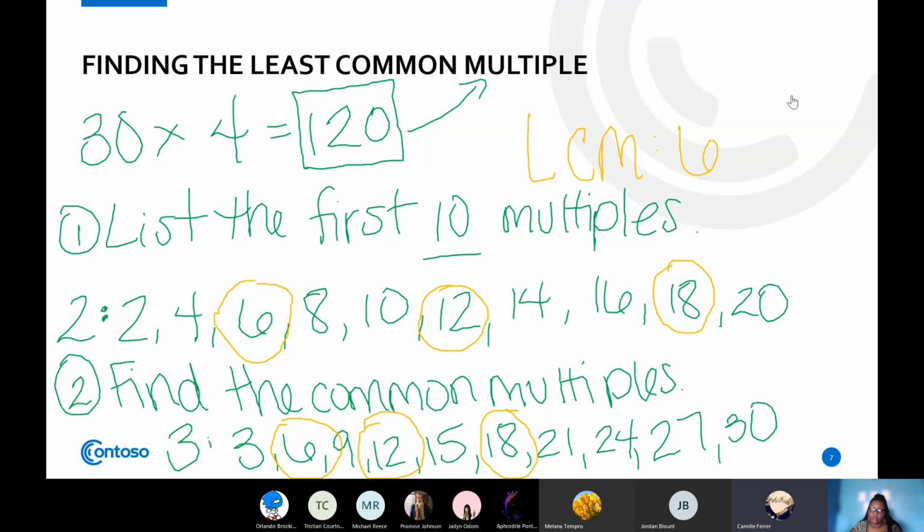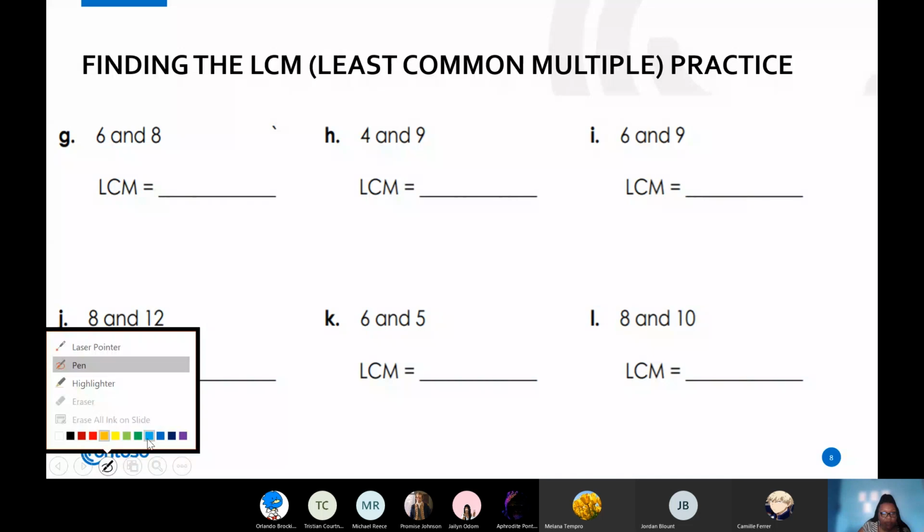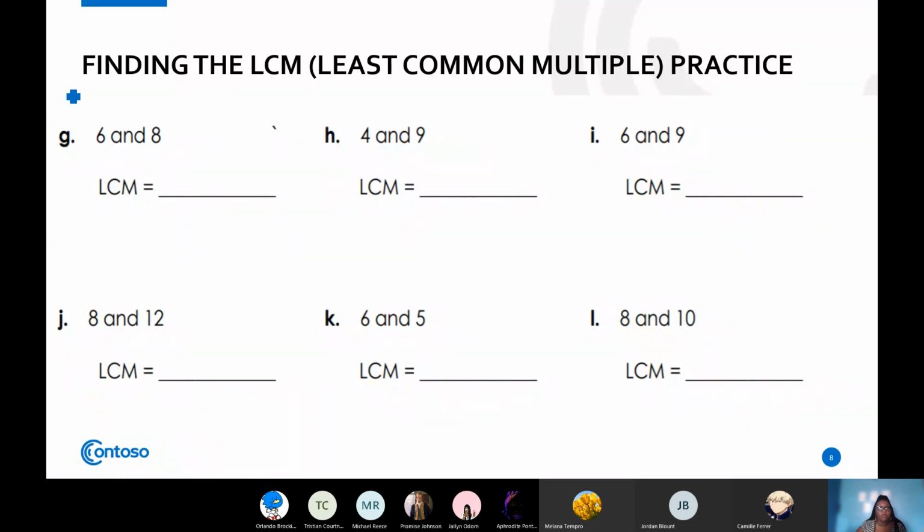No, ma'am. Okay, so let's go on to our next practice problem. We're going to find the least common multiple between 6 and 8. Remember, we always want to list the multiples up to 10. My mouse is acting all wonky today, y'all. I'm sorry.